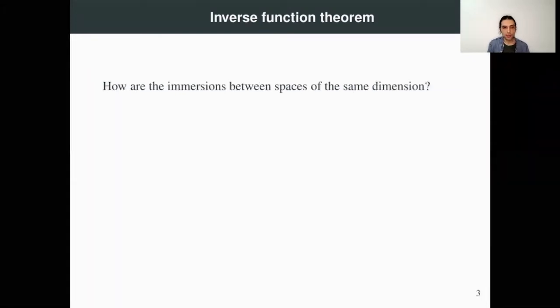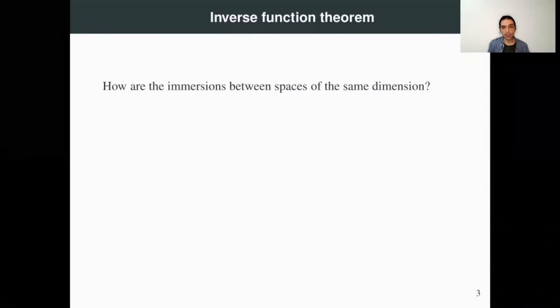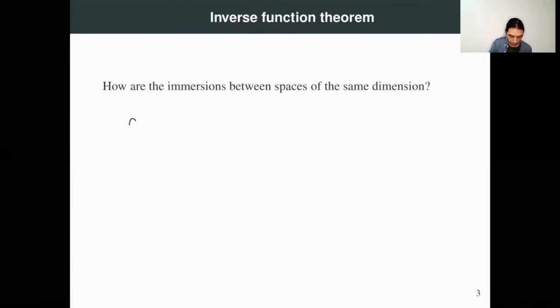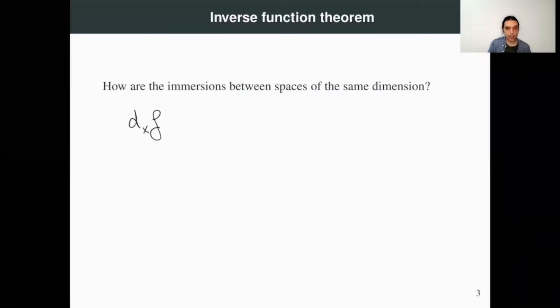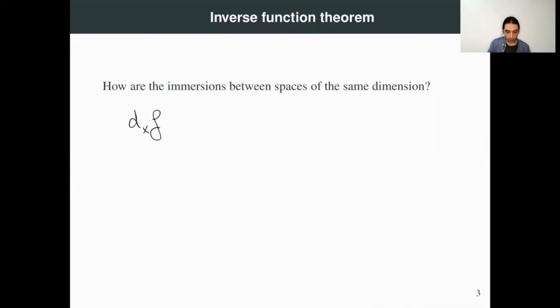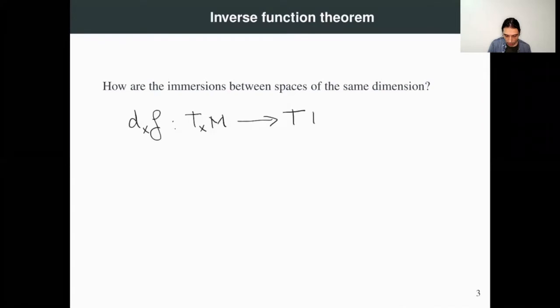Let us consider an immersion between spaces of the same dimension. In such a case, the differential of f at the point x, if we are working with an immersion at x, is an injective linear map from the tangent space of M at x to the tangent space of N at f of x.